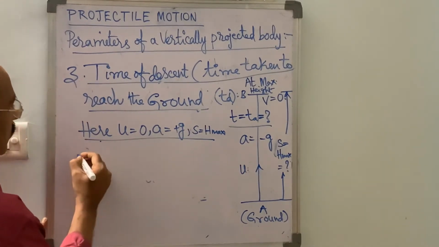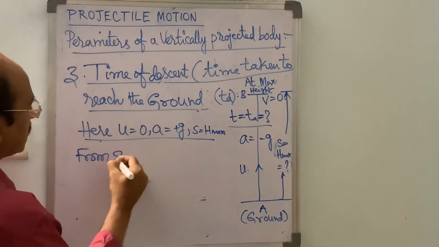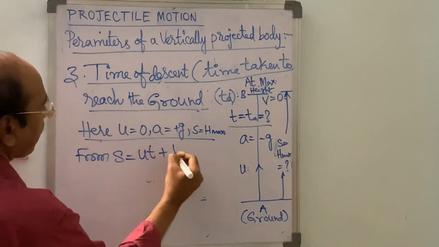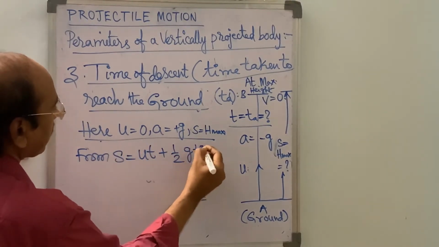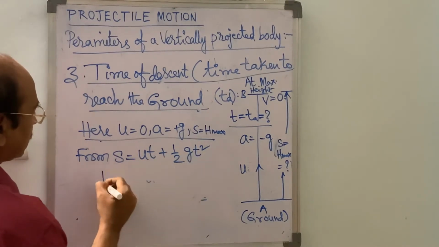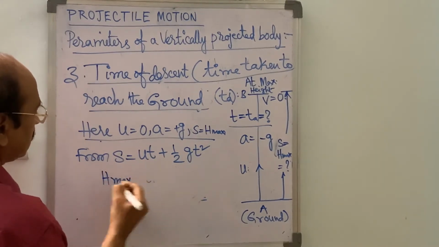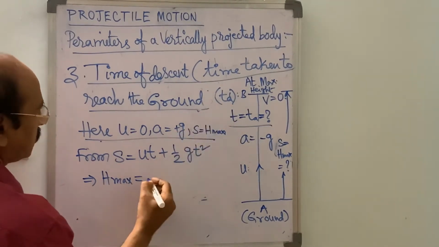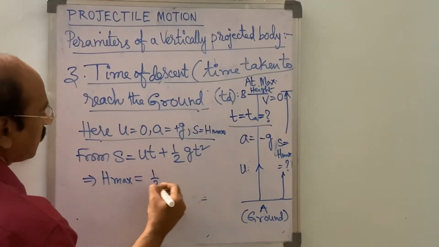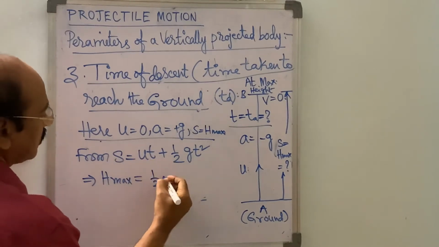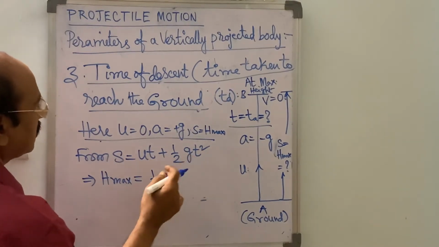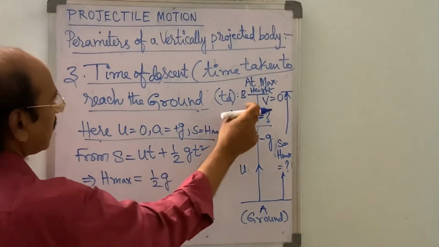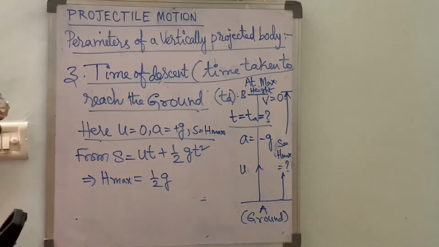Therefore, from s equal to ut plus half at square, s is h maximum, u is 0, therefore half g into t square, where t means time taken to reach the ground.